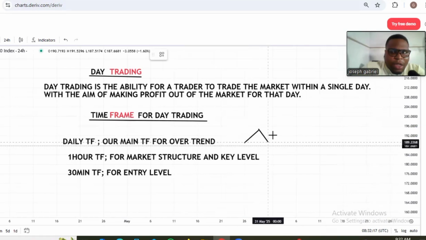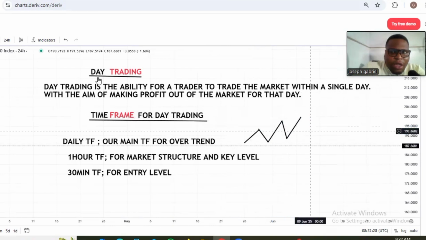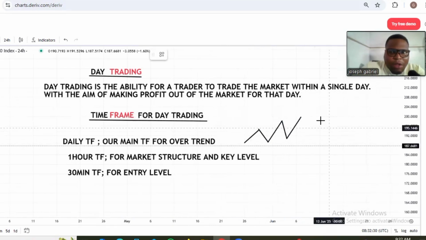So is it a bullish trend that has been happening on that particular time frame? Is it a bullish trend, or is it a bearish trend? These two things are what you need to consider now, which has been happening in the market.